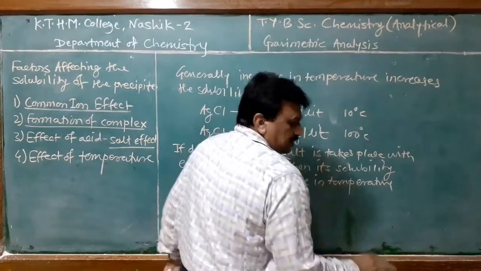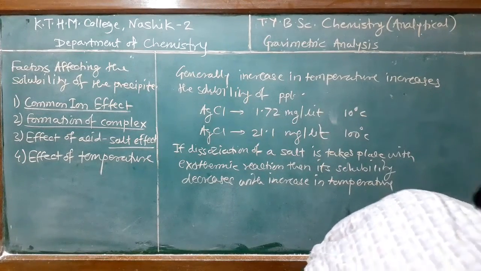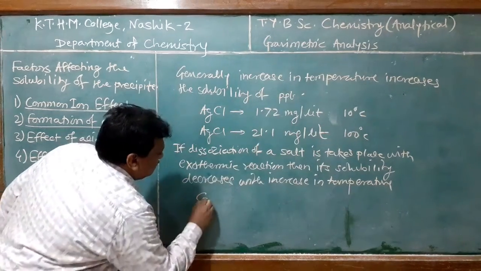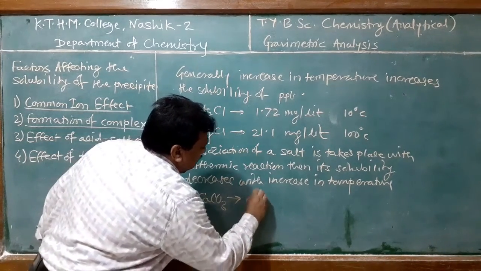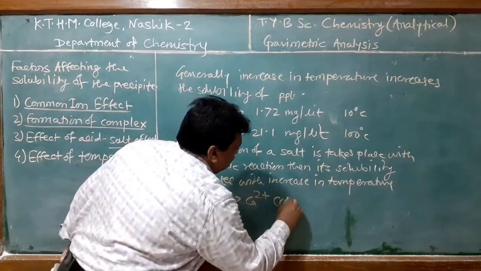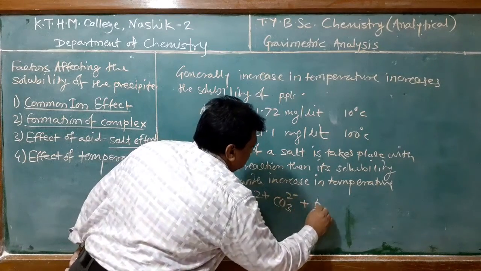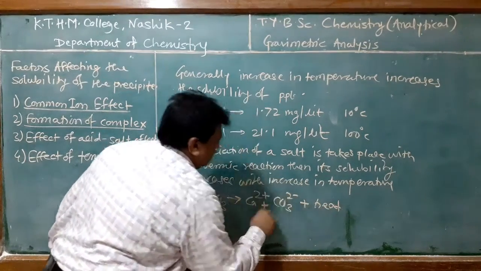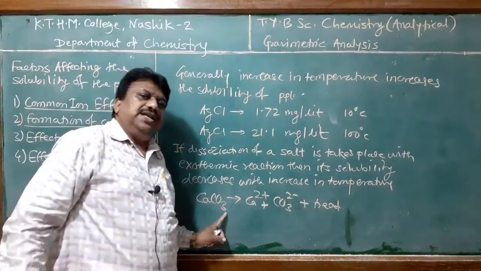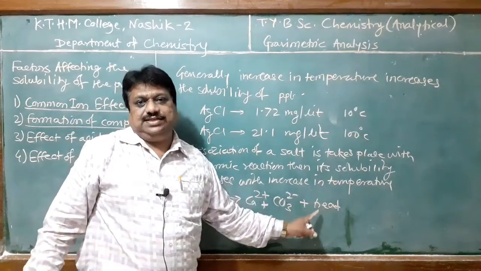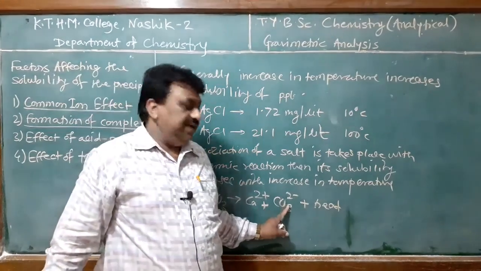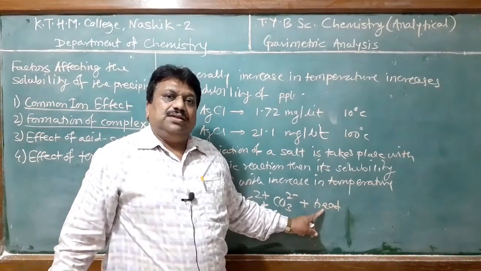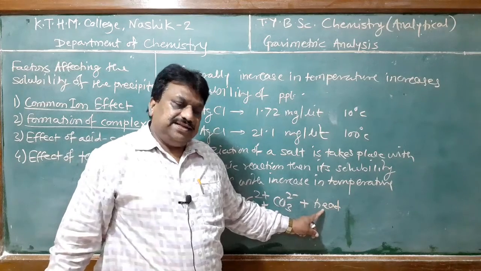For example, if we add calcium carbonate in water, it gives calcium 2+ plus carbonate ion plus heat. In such a case, the solubility of such an electrolyte decreases with rising temperature, because its dissociation creates heat, and that's why its solubility decreases.